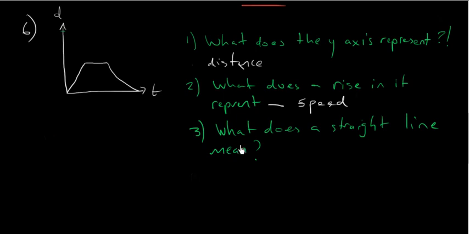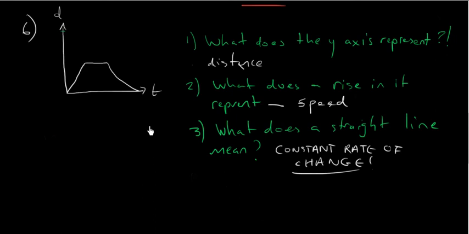Straight line. Okay, so what does a straight line mean on any graph whatsoever? It always means a constant rate of change. Always.